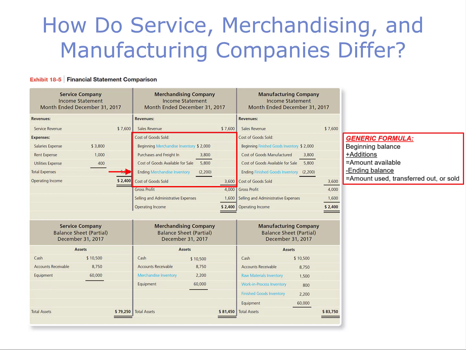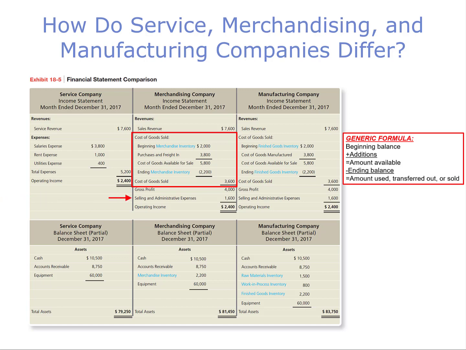We then subtract the ending balance of merchandise inventory to get cost of goods sold. Also remember that cost of goods sold is a product cost that a service company would not have. We then highlight our subtotal, gross profit, which in this case is $4,000.